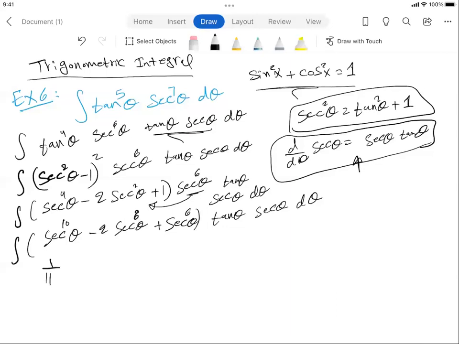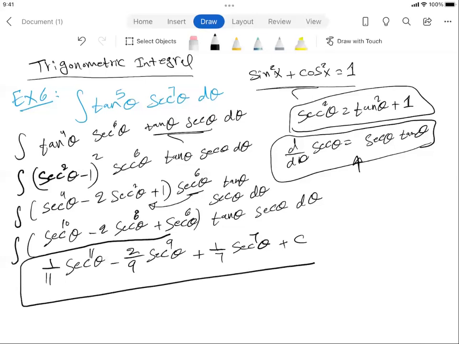Then the first term becomes 1 over 11 secant to power 11 theta minus 2 over 9 secant to power 9 theta plus 1 over 7 secant to power 7 theta plus the constant. So that's what it is as a final answer.